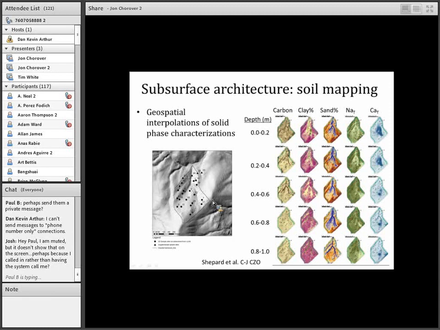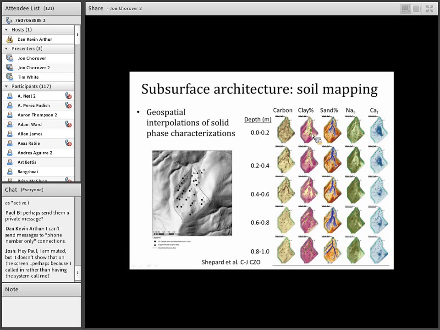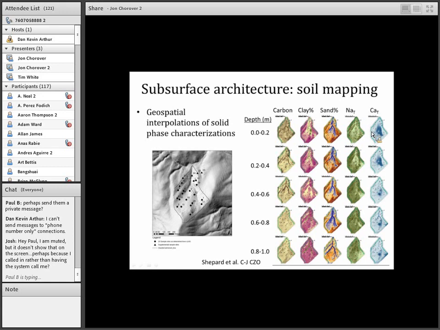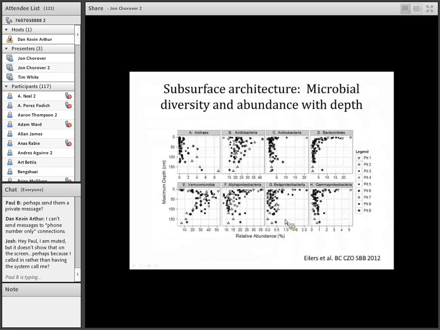Another method that's being used now very commonly across the observatory network is a set of geophysical measurements. So it's really a large array of geophysical measurements, including seismic, seismic refraction, GPR, electrical resistivity tomography, etc. Many of these methods are now being acquired across the CZOs, either individually or in collaboration with the NSF-funded Wyoming Center for Environmental Hydrology and Geophysics, Steve Holbrook et al.